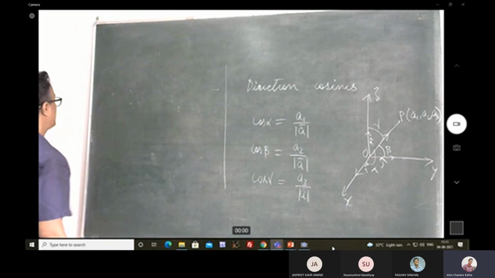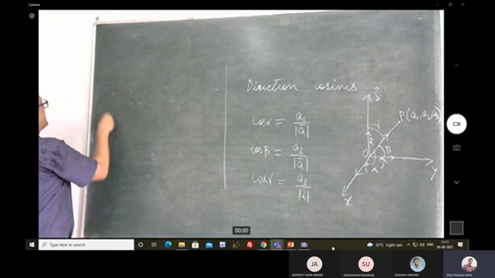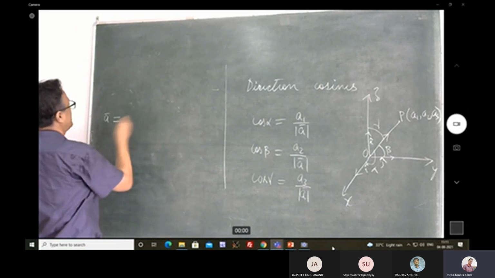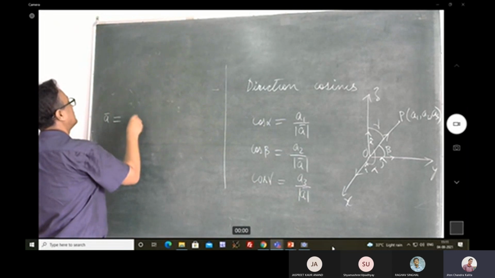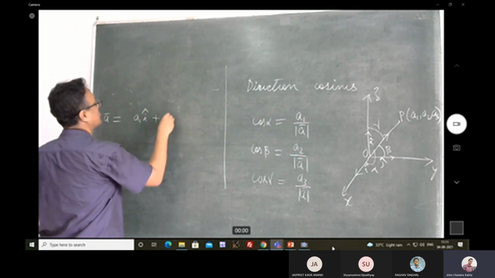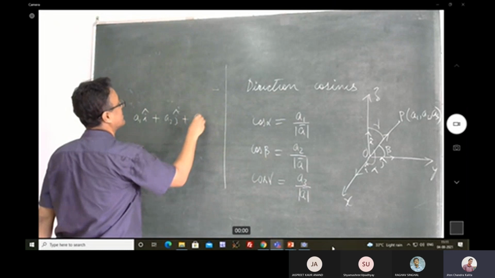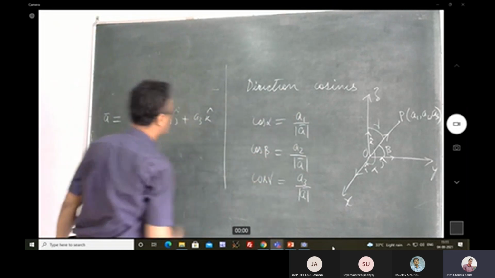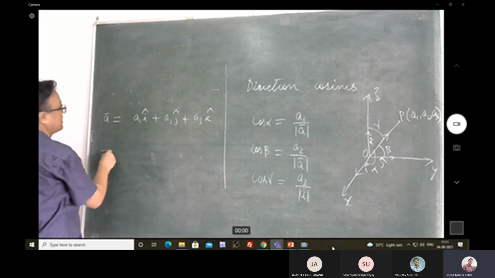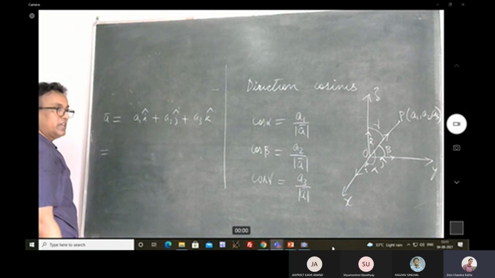And that means if you consider the vector A, it was simply A1 i plus A2 j plus A3 k, right? And from these three, I get the values of A1, A2, and A3, right?